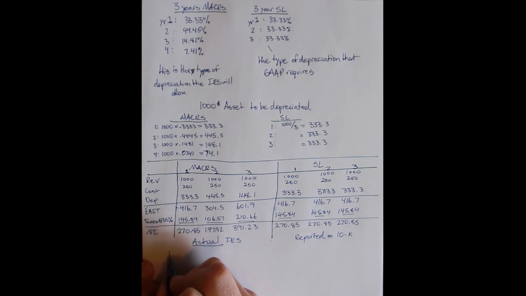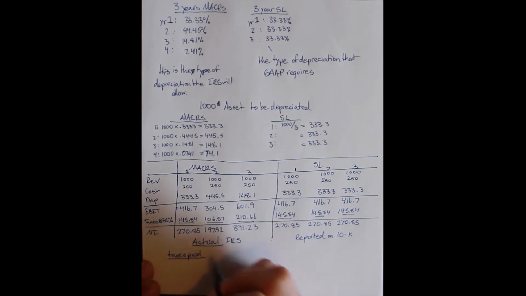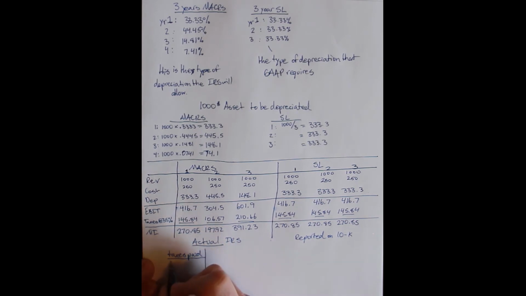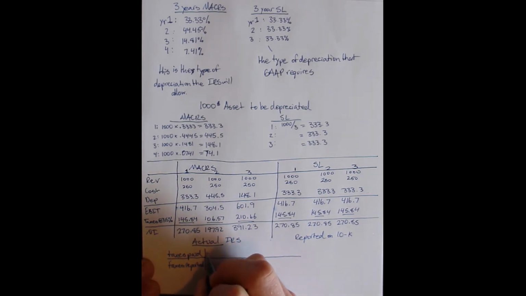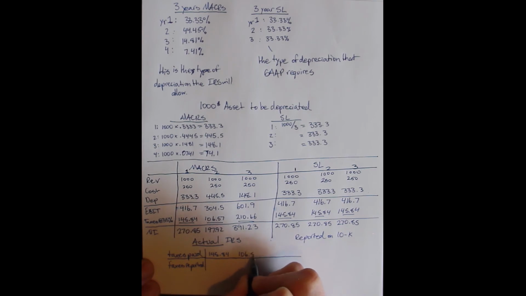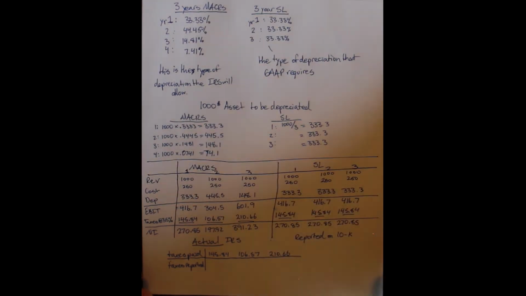So let's look at what that looks like. So let's write down our taxes paid. This is what we paid to the IRS. And our taxes reported, and look at the difference. So I paid maker's taxes, so $145.84, $106.57, and $210.66.